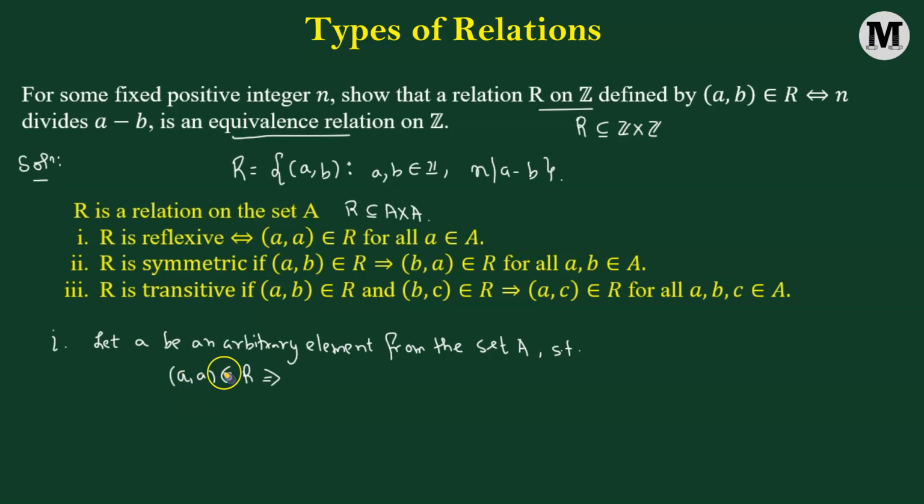Since we have (a, a), we replace b with a. So our condition becomes n divides a minus a, which also means that n divides 0. That's a true statement because n indeed divides 0. So this is telling us that the relation R is reflexive in nature.